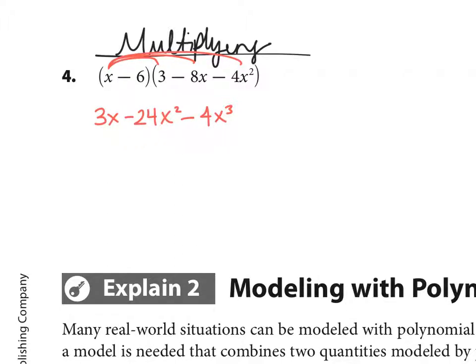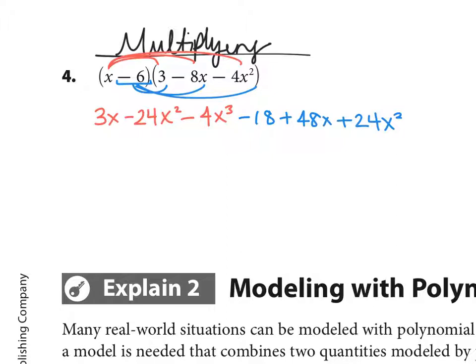And then we're going to distribute this other term, which is going to be a -6 that's distributing, again, to everything in that second set of parentheses. So now we're going to have -18 plus 48x plus 24x squared. So make sure you carry that negative with it. And now we're just going to simplify like we did just a minute ago, combine like terms.